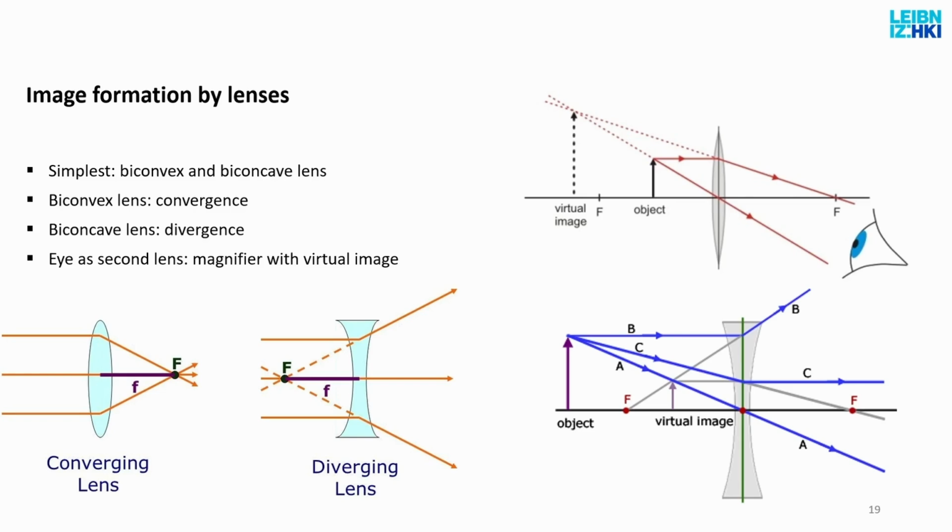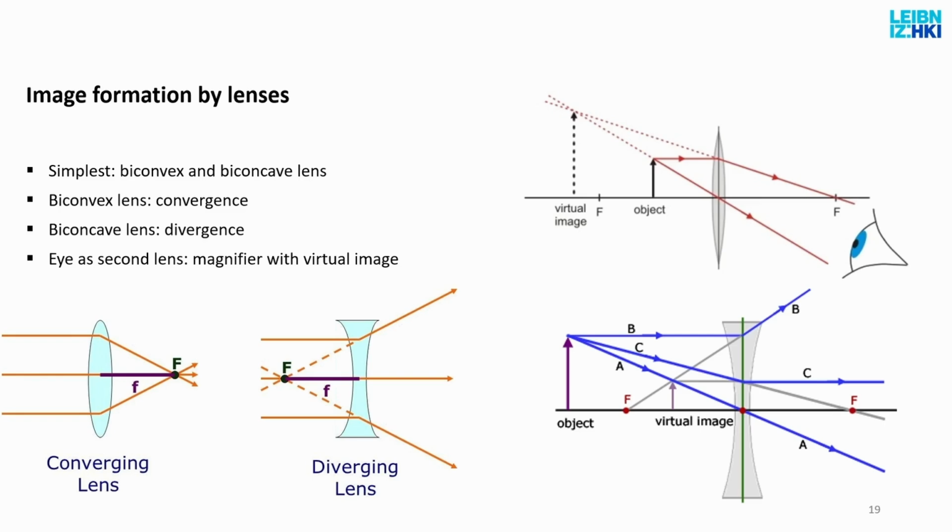So I will mark my focal point, and I will draw this line which goes parallel, so it goes through this point. So now I know that these two lines will be the ones with which I can then draw what my image is going to look like.